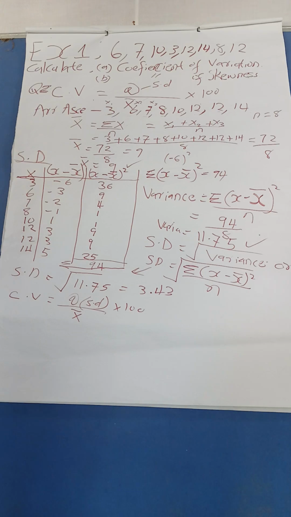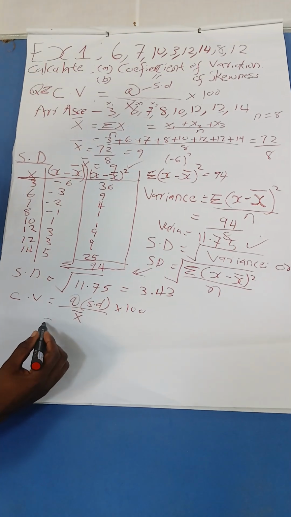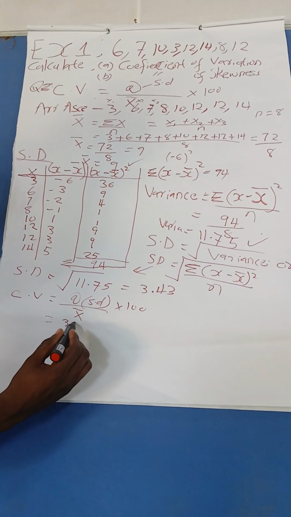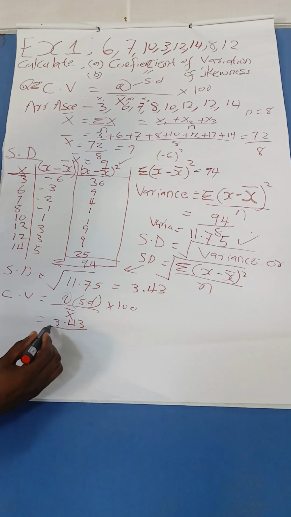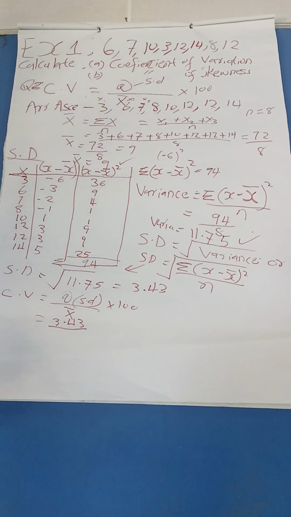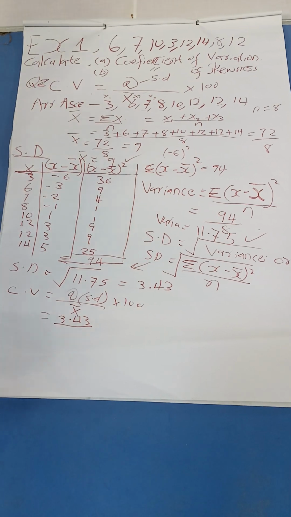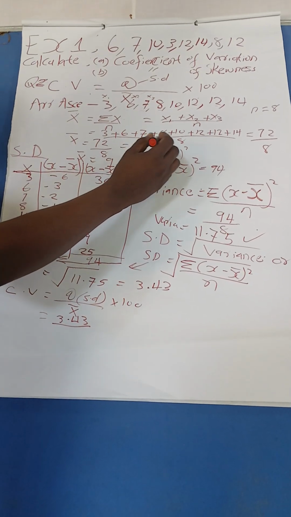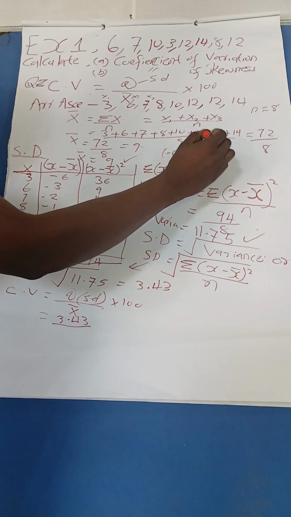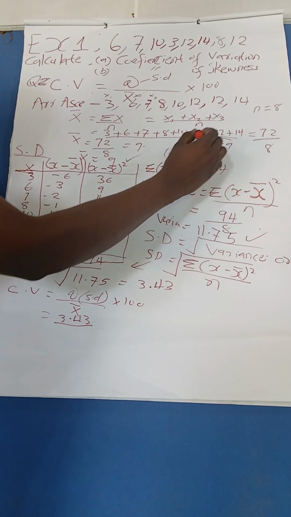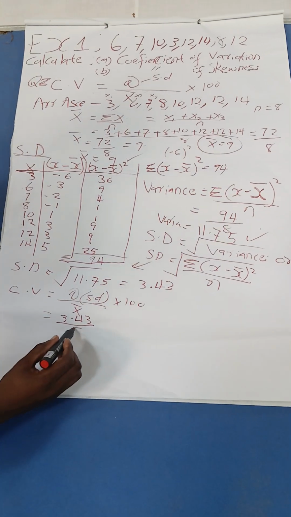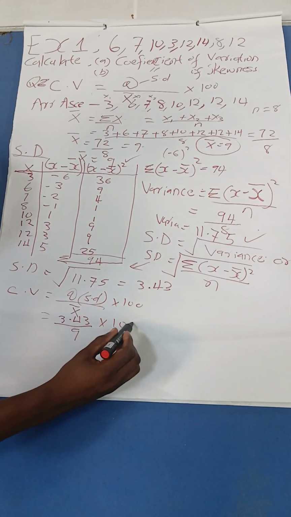So if we already have the standard deviation, 3.43, you divide by the mean. The mean we had was 9. So divide by 9, multiply by 100.